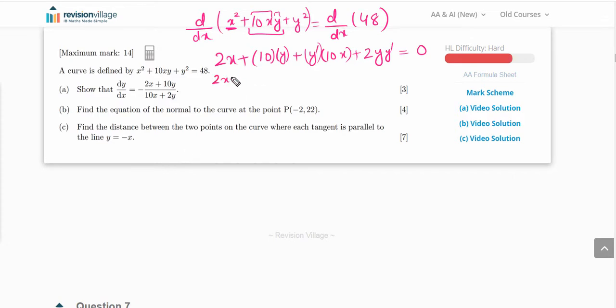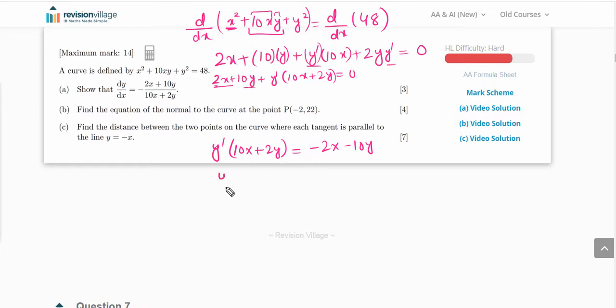So it will be 2x plus 10y plus y prime times (10x plus 2y) equals 0, and y prime times (10x plus 2y) will become equal to negative 2x negative 10y, as these go to the right side.